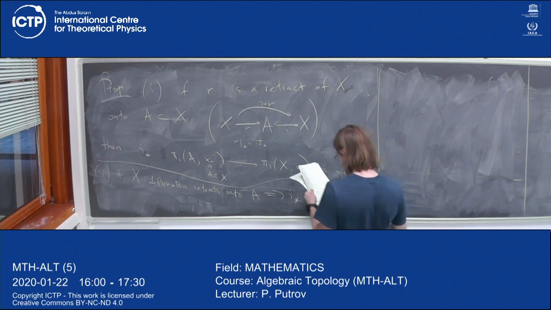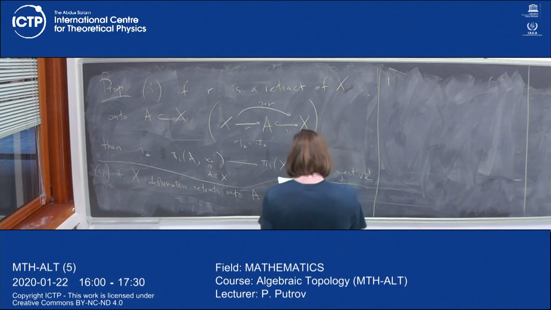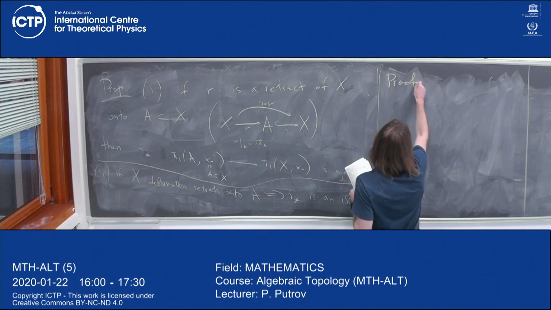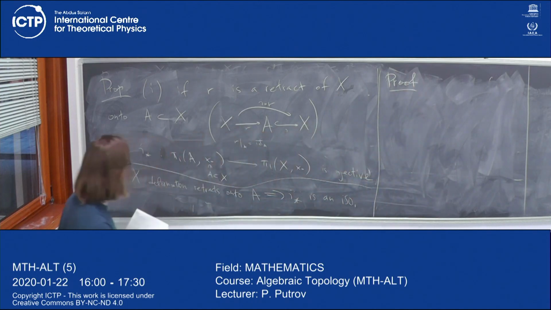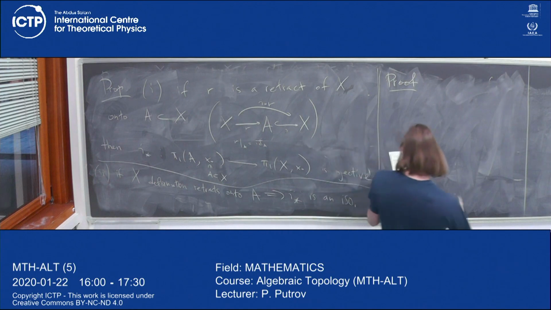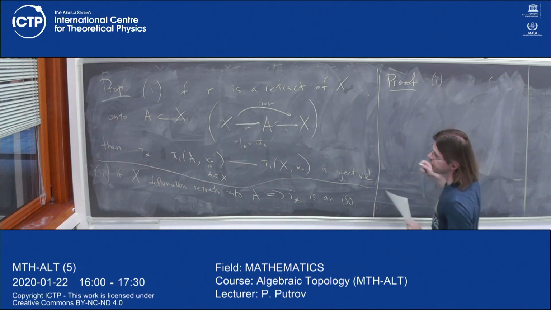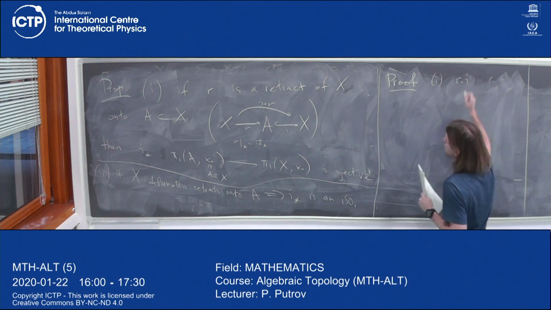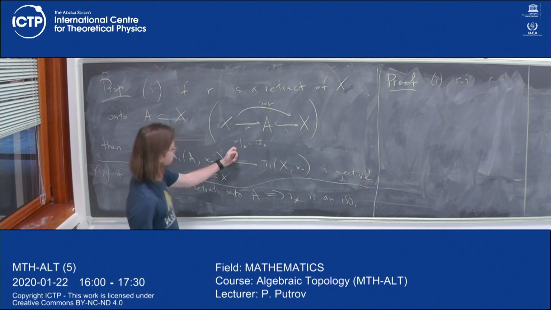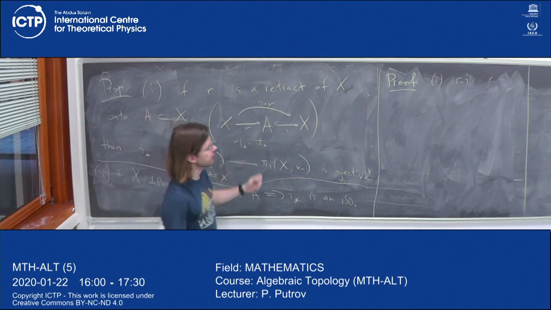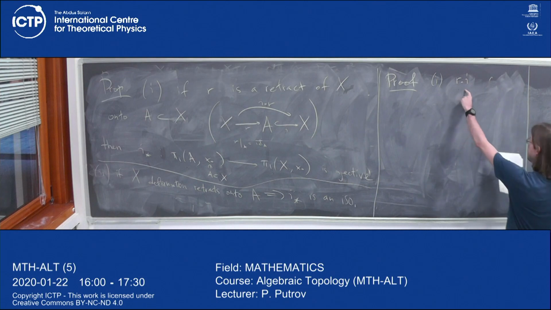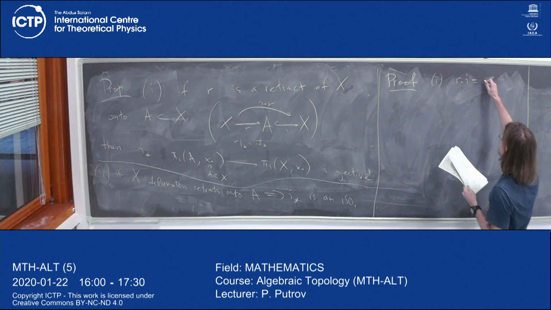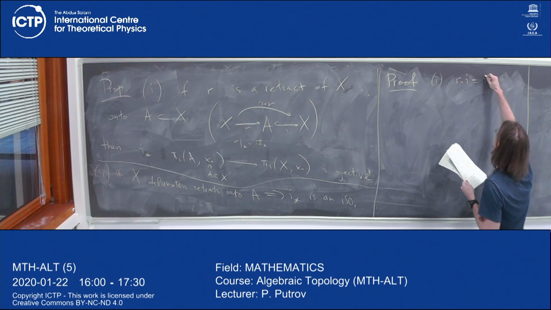Okay, so how do we prove this? The first part is pretty easy. We just use the properties which we showed before. We know that r is a retract, and in particular the statement that the restriction of r on A is the identity on A is equal to the statement that if I do this composition, first the inclusion and then r, it is the same as the identity.